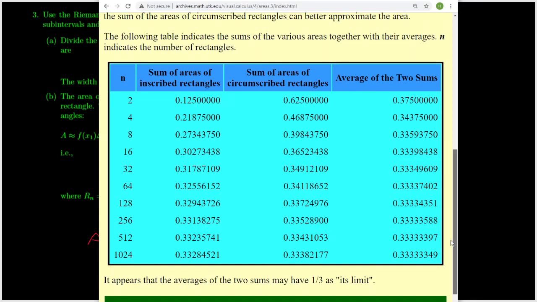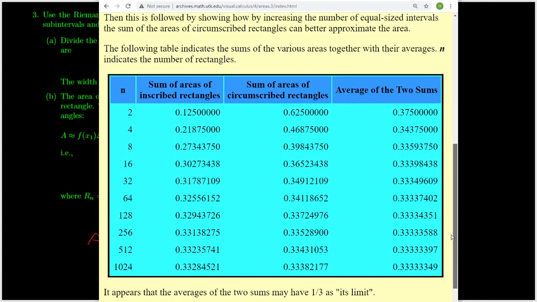Okay, I believe you can see this table. When n is 2, we're talking about the third column. The values we're using are circumscribed rectangles. Concentrate on the third column. If we have n equal to 2, the estimate of the area of the curved triangle is given by that value. If n is 4, you have that value.